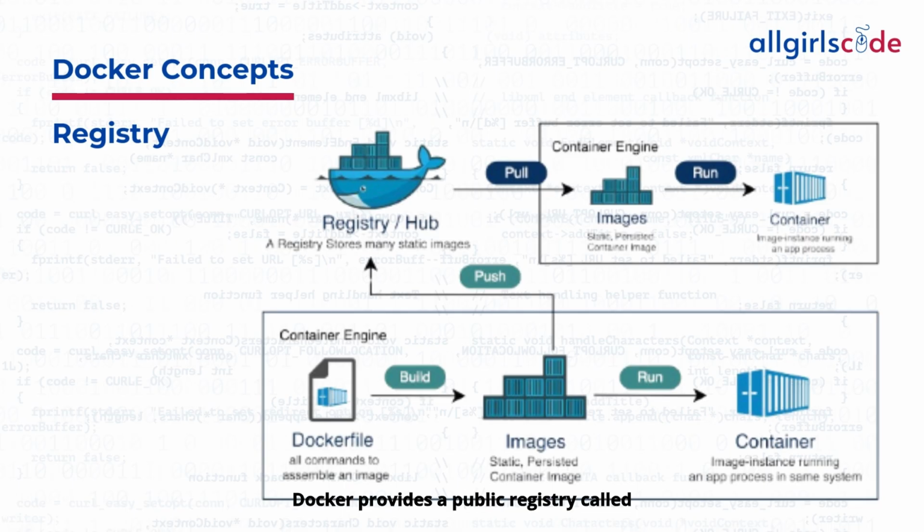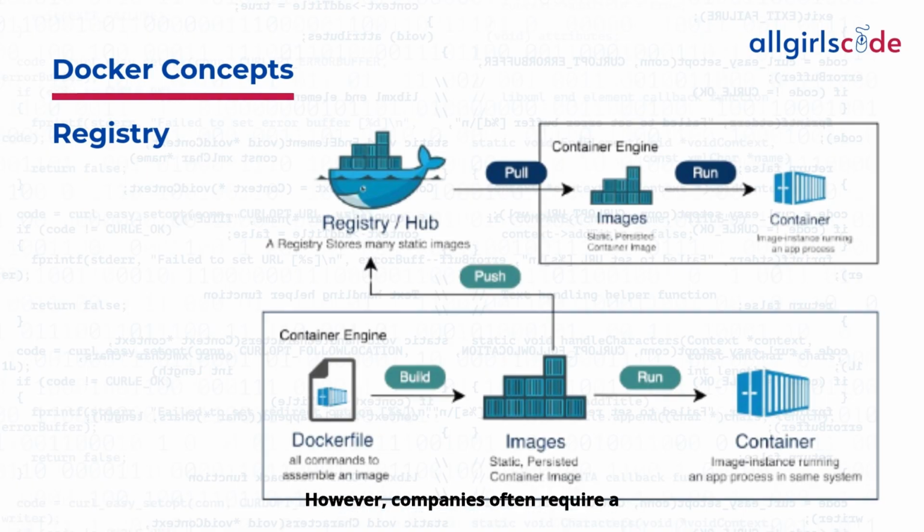Docker provides a public registry called Docker Hub, which hosts a vast array of images for public use. This includes official images for operating systems, databases, and programming languages, among many others. This registry, the Docker Hub, is where we put the base Python image we used in our Docker file on step 1, FROM.